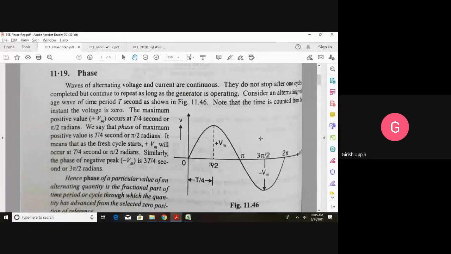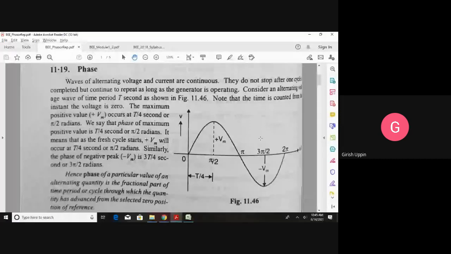First we will understand what is a phase. Whenever we have an alternating quantity, it starts from a reference, and we say that reference is 0. In this particular alternating voltage, the starting point of the alternating quantity and this reference are both the same. Wherever it starts, that is called the phase.